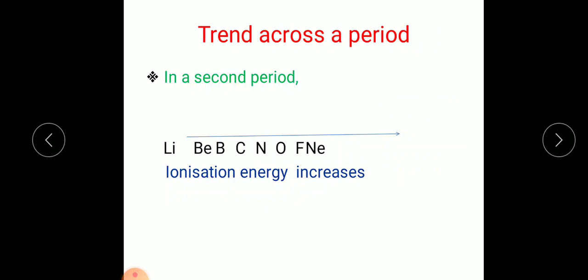For example, in the second period, if you take the elements lithium, beryllium, boron, carbon, nitrogen, oxygen, fluorine, neon, the ionization values increase. That means neon will have a very high ionization energy, so a huge amount of energy is required to remove the electron, whereas lithium can easily lose it with a small amount of energy.